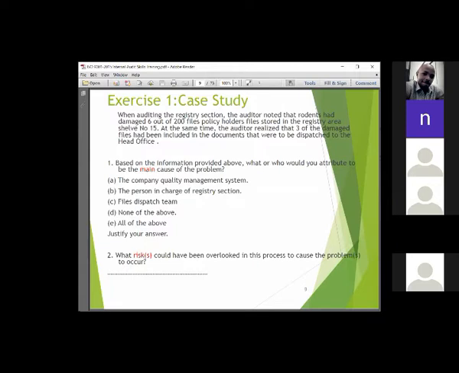So, starting with Mr. Mutevia, you mentioned you go for all of the above. Yes, I want to blame everybody. I would say all the above because I would not entirely blame it on the guys in the registry.